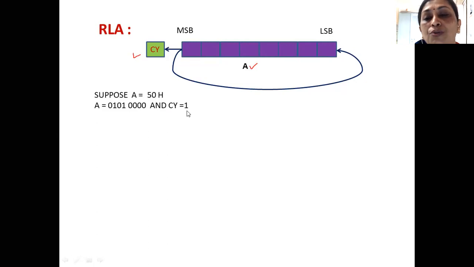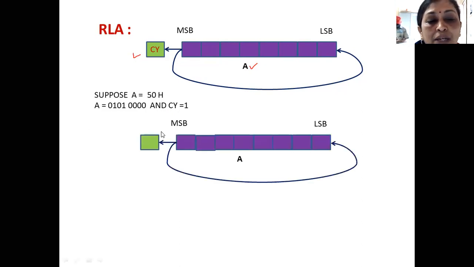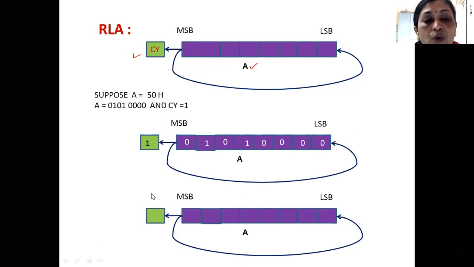You should know, before execution of the instruction, what the contents of the carry flag and the accumulator are. Here suppose we have stored 0101 and 0000 in the accumulator and the carry flag is stored with 1. Now let us see what happens when the RLA instruction is executed.